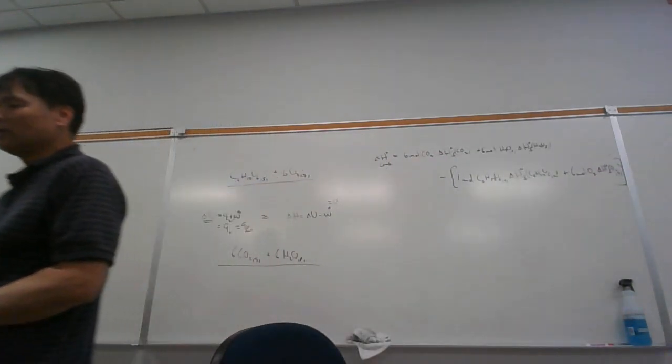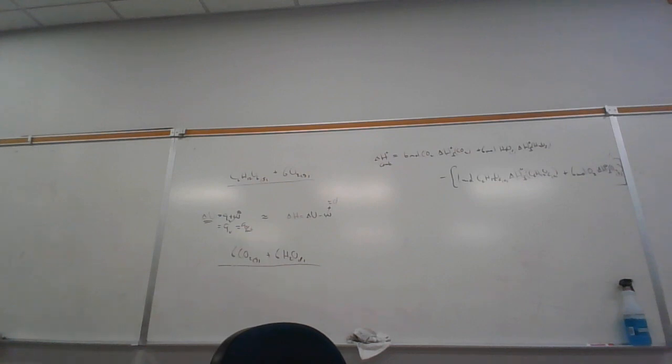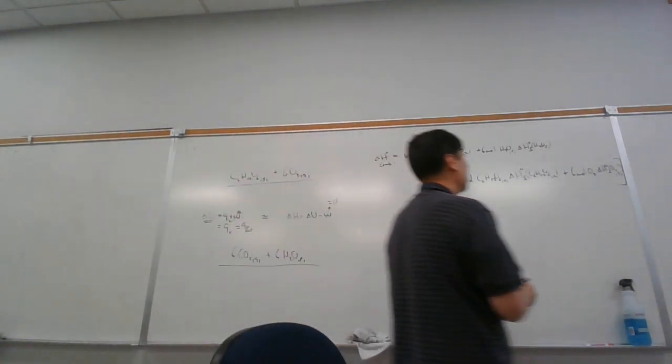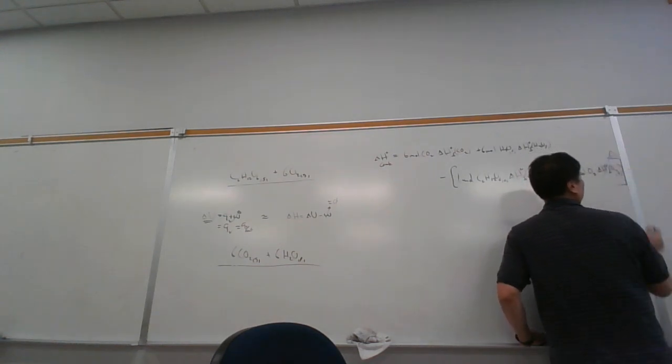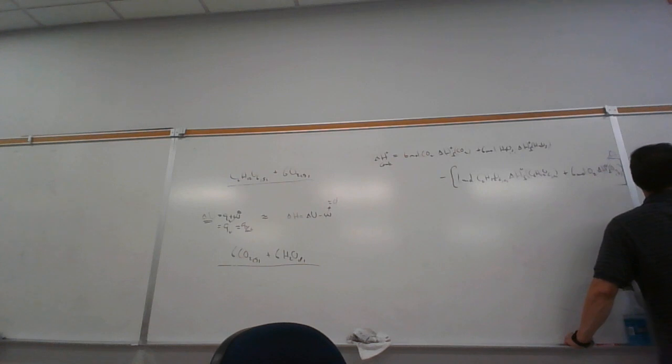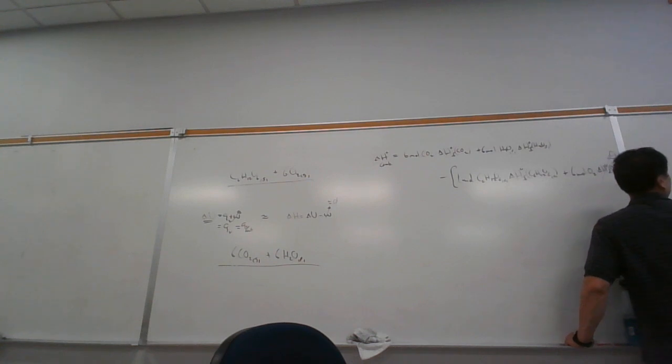We already know one of the numbers, delta H of formation of oxygen. What is the delta H of formation of oxygen? 0. The formation of an element: the formation reaction would be forming 1 mole of oxygen from the elements in the most stable state.